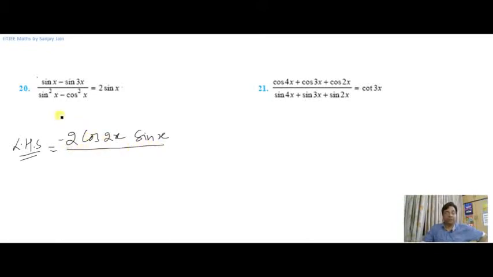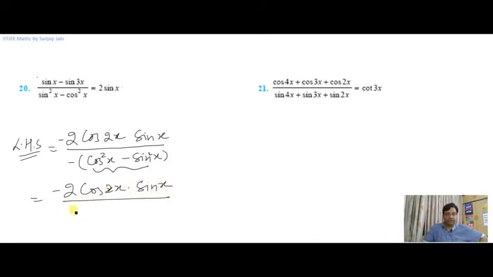And what about denominator? Denominator, if you see, this is sin square x minus cos square x. If I write it, let us say with negative sign outside, cos square x minus sin square x. Now this is an expression for cos 2x, right? So what I can do is I can write it as minus 2 cos 2x into sin x, and this is divided with minus cos 2x, right?